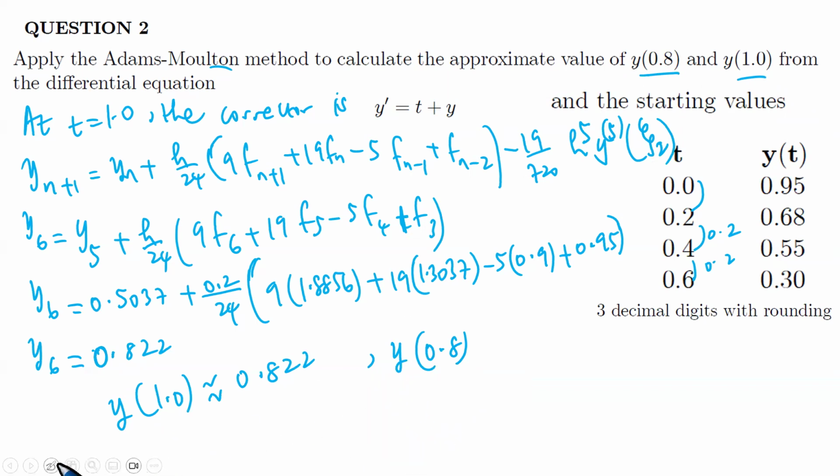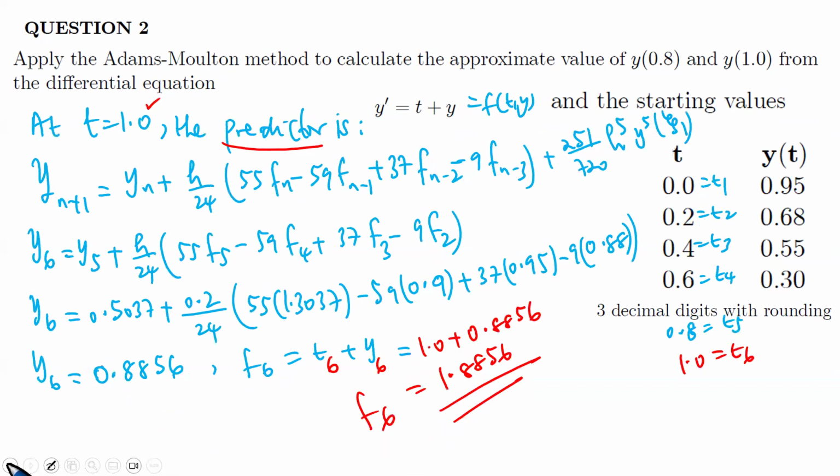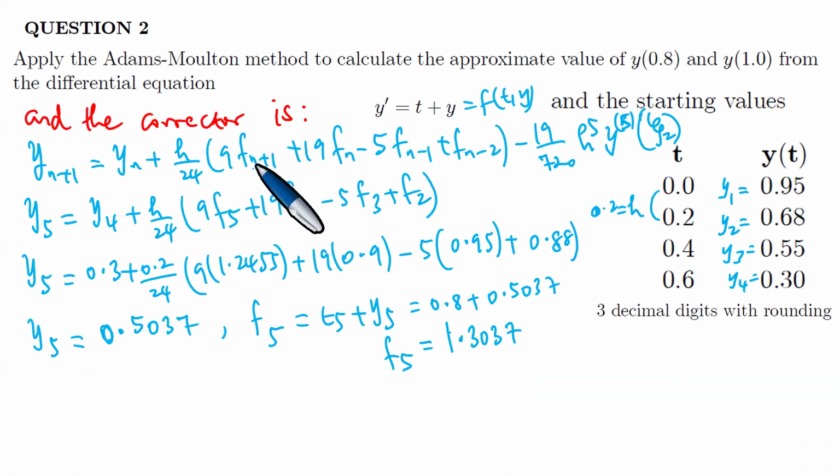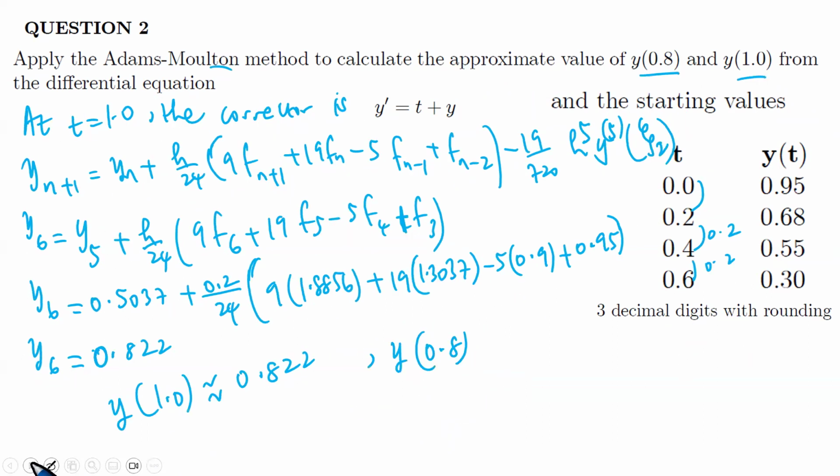And the 0.8, the corrector gave us 0.5037. That is what we've got.